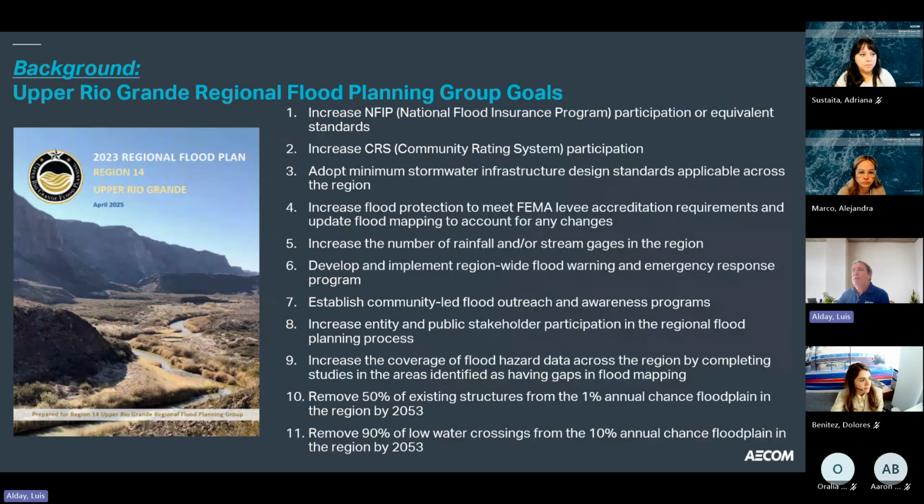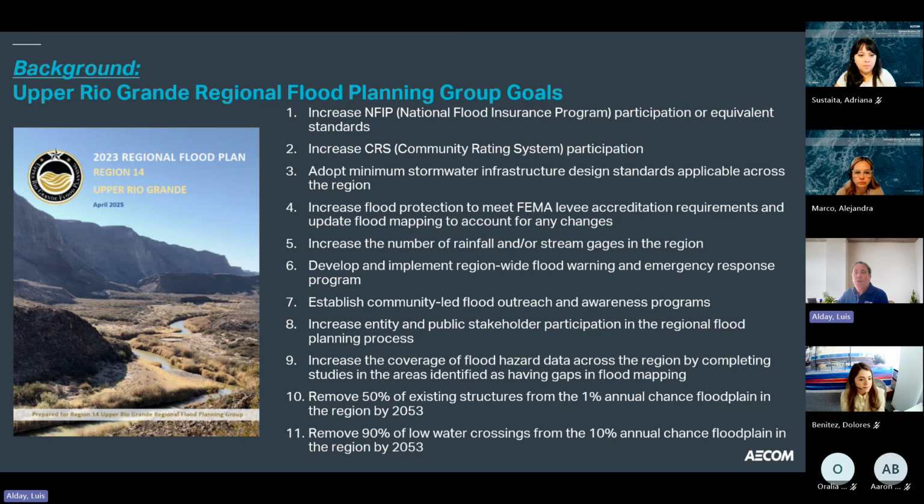Here are the goals that the region has developed for Region 14. As part of Region 14, the Upper Rio Grande Regional Flood Planning Group established several long-term goals to improve flood resilience throughout the region. Some of these goals include increasing participation in the National Flood Insurance Program, NFIP, community rating system, improving flood warning capabilities, expanding rainfall and stream gauge coverage.